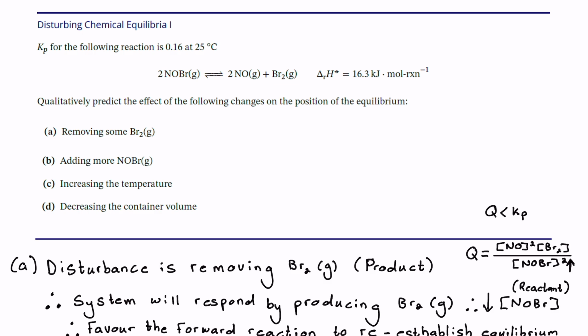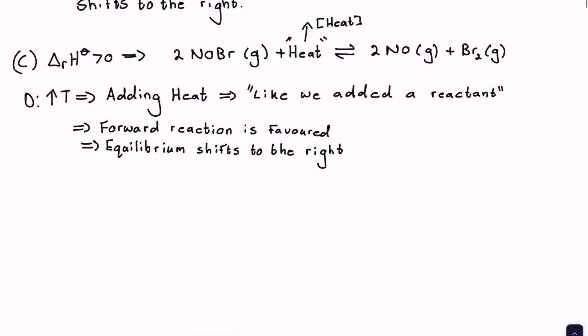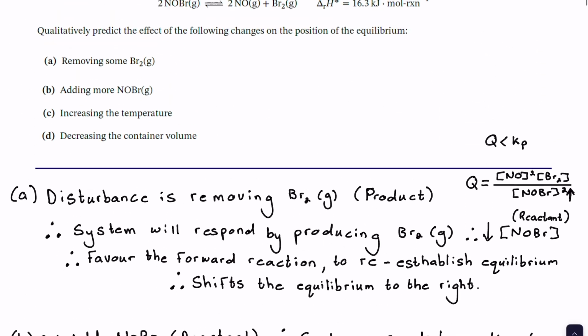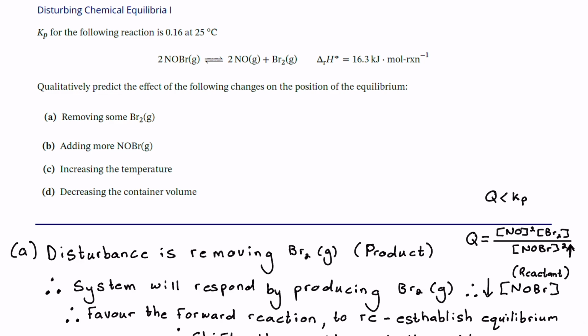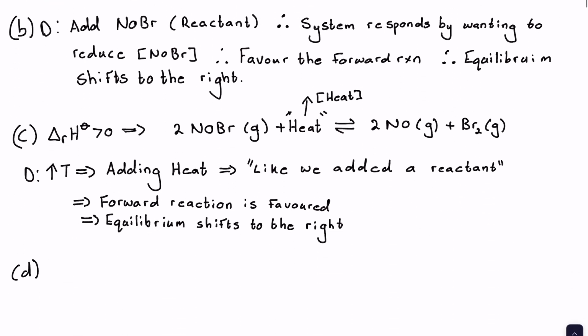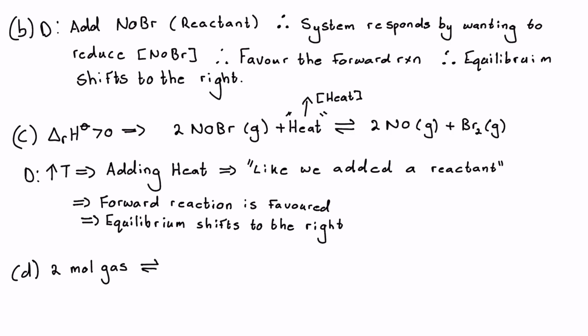Right, so let's move on to question D, which says, what happens if we decrease the container volume? Now, decreasing the container volume, in principle, increases the pressure. And I also want you to model this as follows. Think of it as 2NOBr. That means we have 2 moles of NOBr gas in equilibrium with 2 moles of nitric oxide gas plus 1 mole of bromine gas.